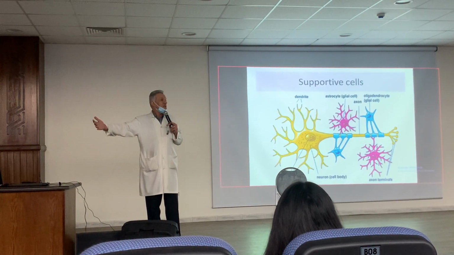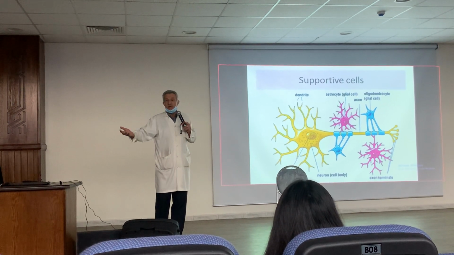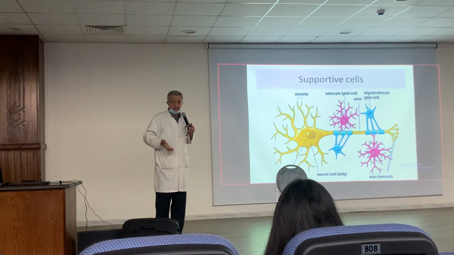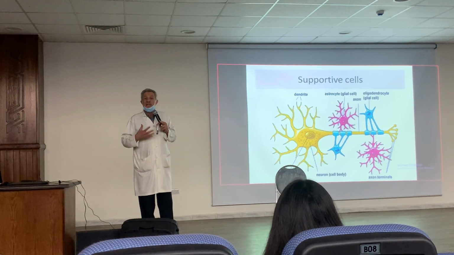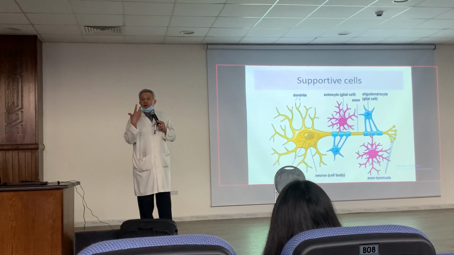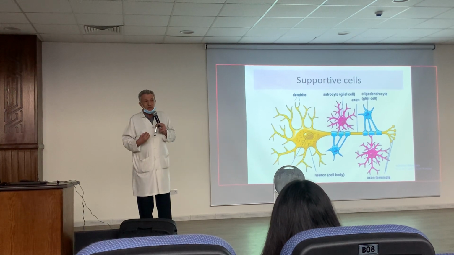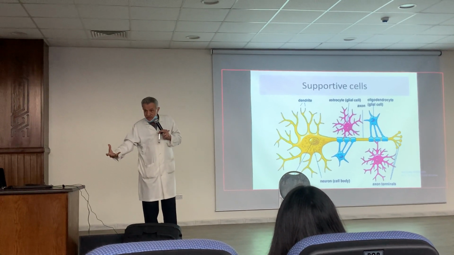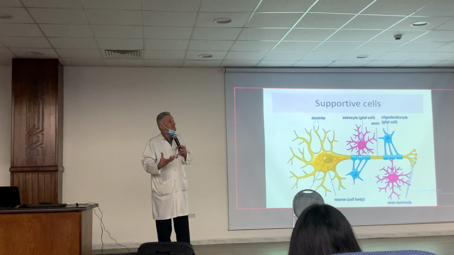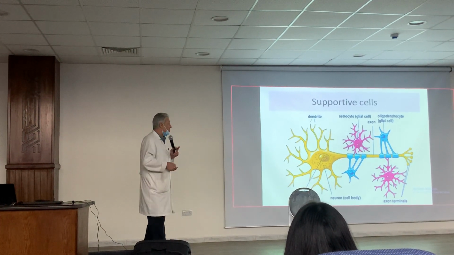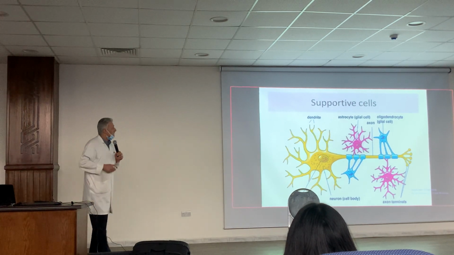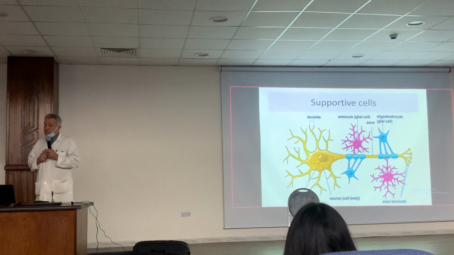We are getting these neurons living for all our life, 70 years, 80 years, 100 years, okay? How we are getting that? Because of the release of neurotrophic factors from these supportive cells to support the viability of these neurons. Okay, so a lot of functions we have by these supportive cells.